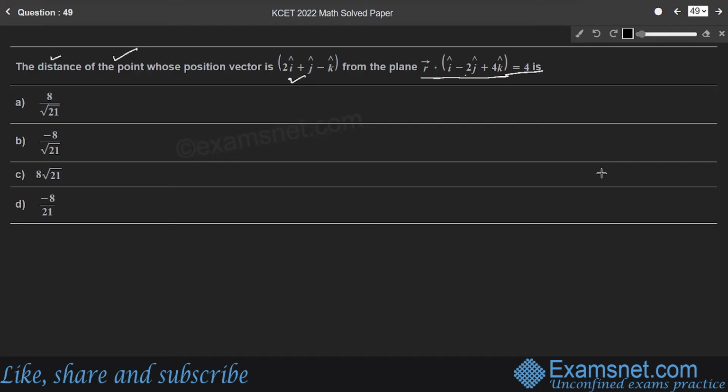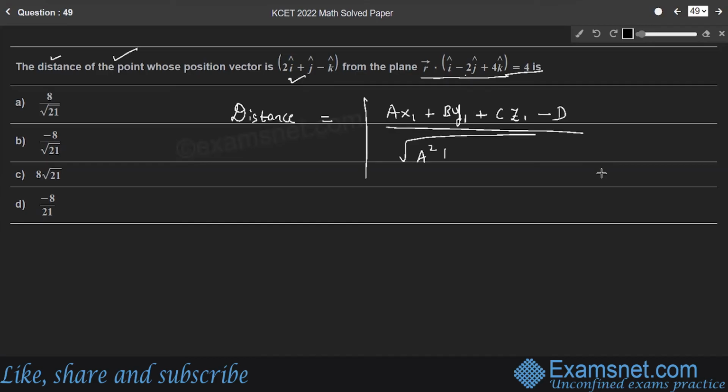The distance formula says the distance of a point from a plane is equal to mod of ax1 plus by1 plus cz1 minus d divided by square root of a square plus b square plus c square. So what is a? a is nothing but the coefficient of i cap.